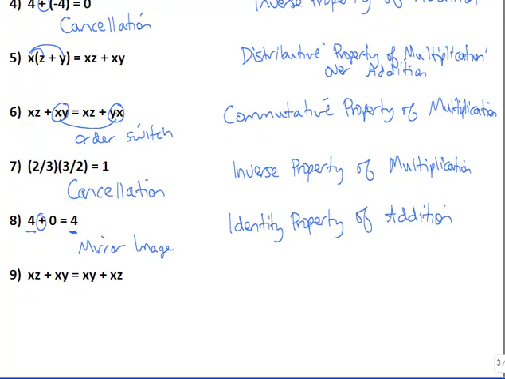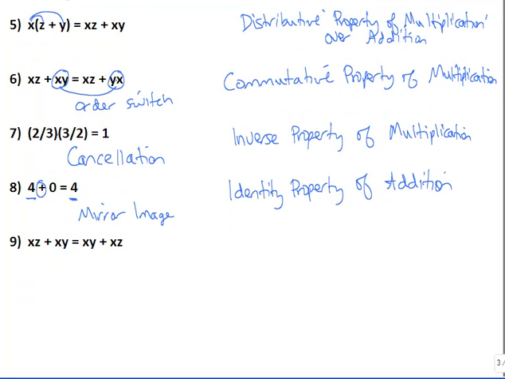Okay, our last example here says xz plus xy equals xy plus xz. So this one's a little bit tricky. There's no parentheses being used here, but what's changed is if you think of xz as a circle and xy as a square, then we basically have taken circle plus square and made it into square plus circle.